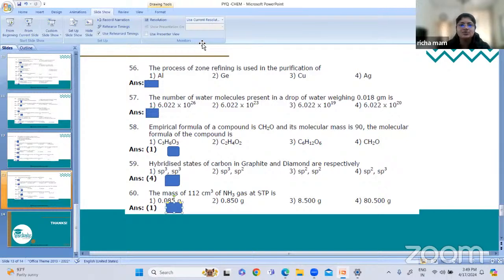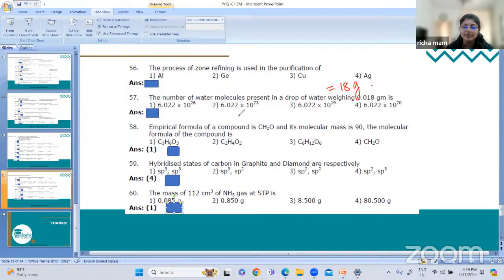Yes, let us do. So the number of water molecules present in a drop of water weighing 0.018 gram is. We know the molar mass of water is 18 grams.